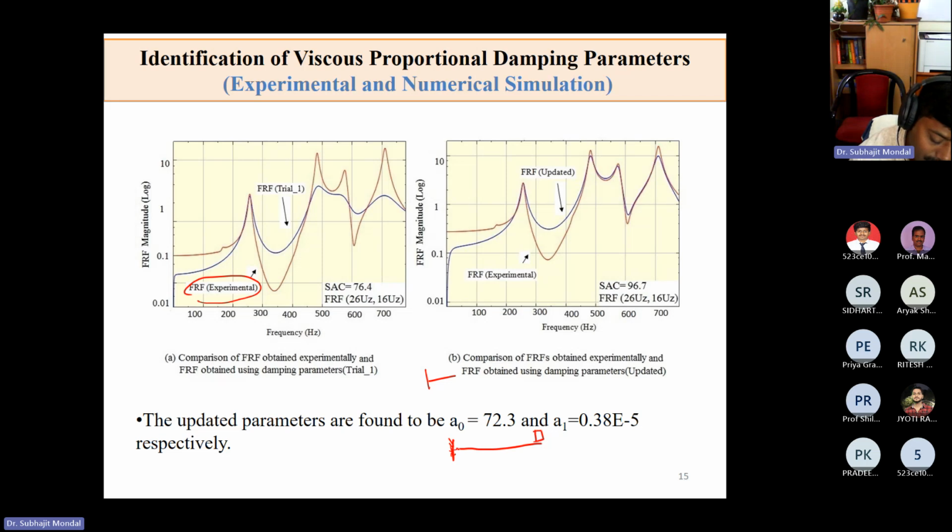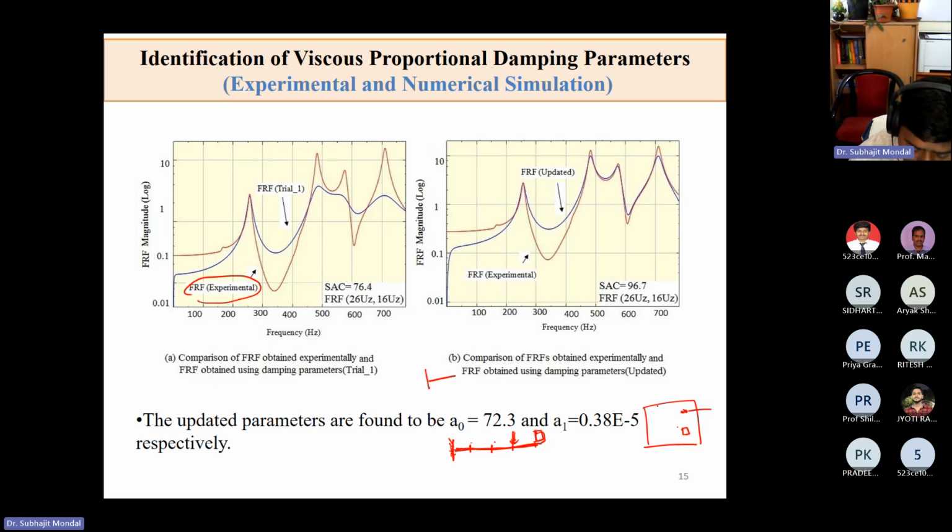So how do we do the experimental testing? If you have a beam sample like this, or a plate sample like this, we put our accelerometer on it and do hammering at particular positions. We discretize the whole beam into a number of segments, place the accelerometer at one position, and then do the hammering here, here, here like that.